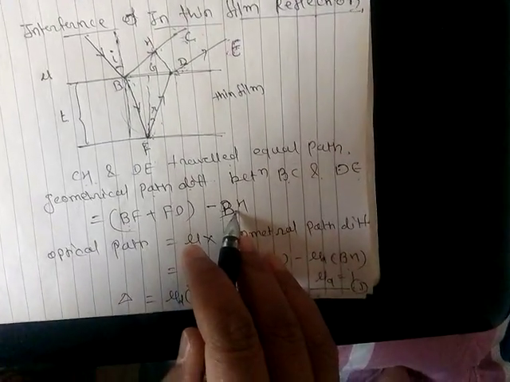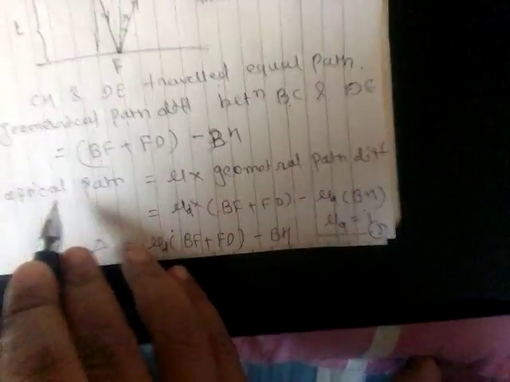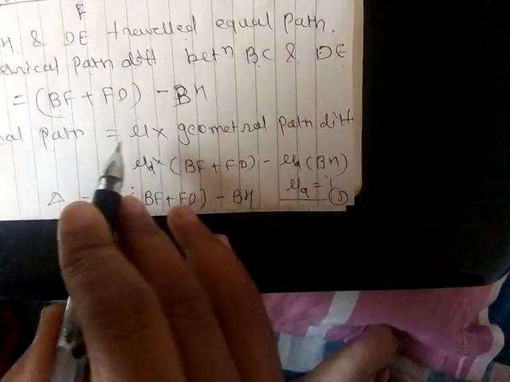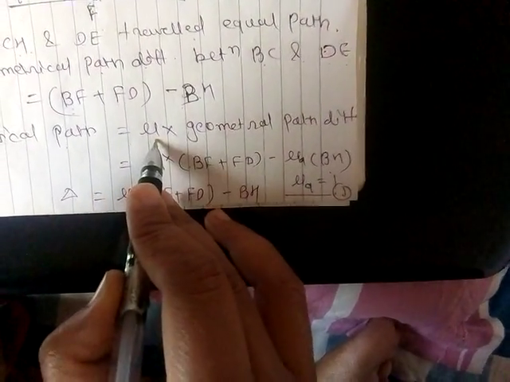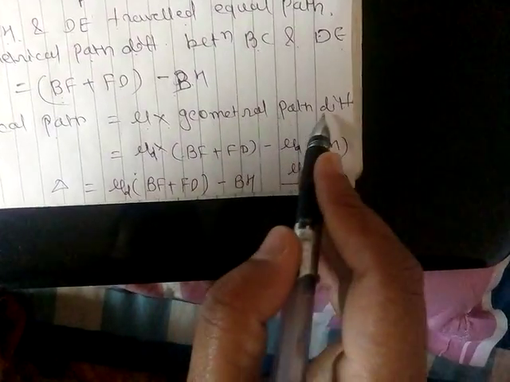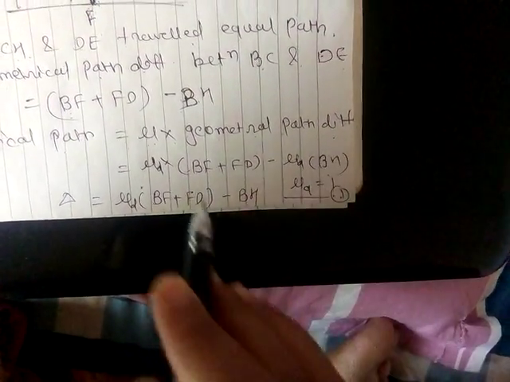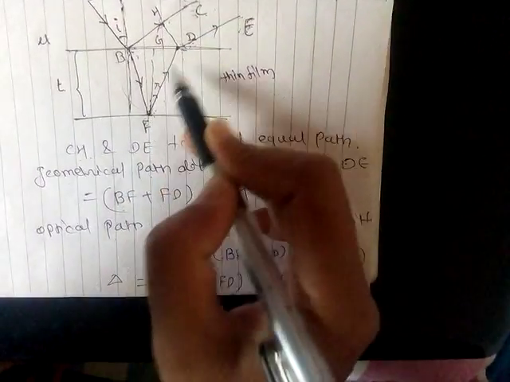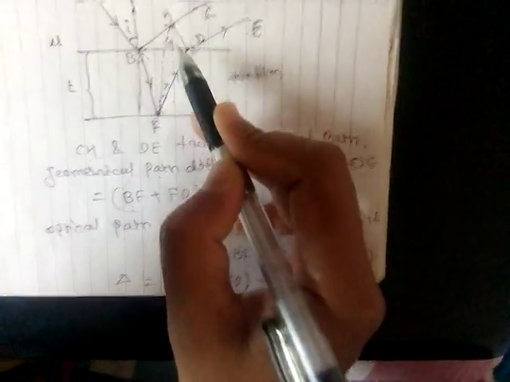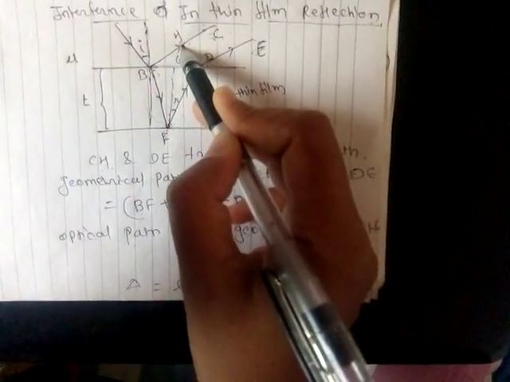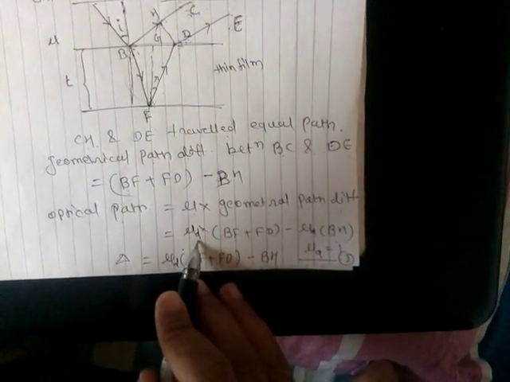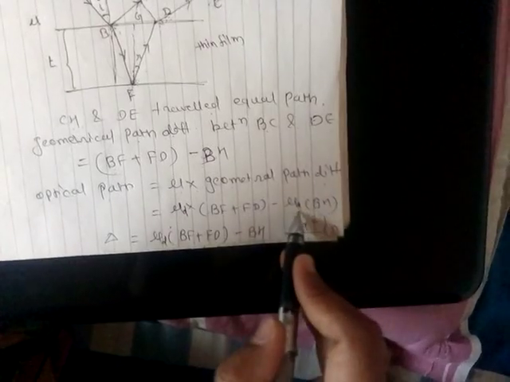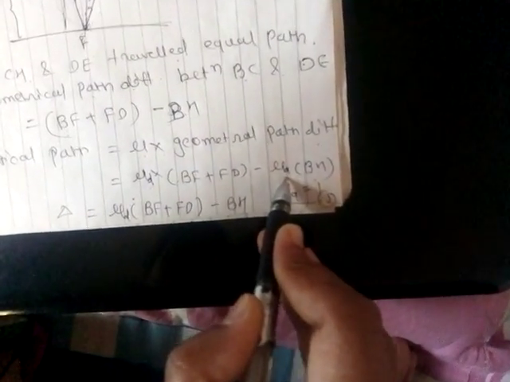This is the equation. Then, according to the definition of optical path, it is written as mu, the refractive index, into the geometrical path difference. Here the ray in the thin film travels in the thin film and the other ray travels in air. Therefore, we use the refractive index of the thin film and the refractive index of air.